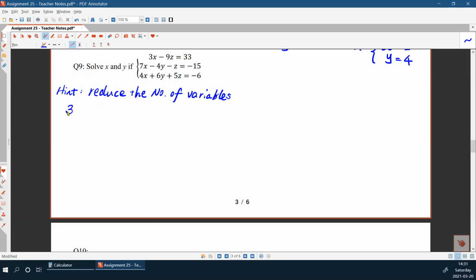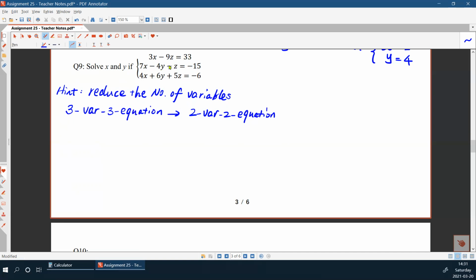So that means you need to convert the three-variable, three-equation system to a two-variable, two-equation system, right? So in order to do this, you can start from any one of these equations.